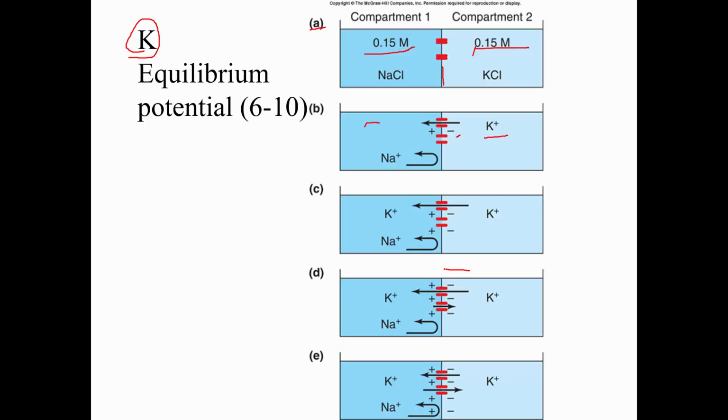We have the concentration gradient going towards compartment 1, and we have an electrical gradient starting to go towards compartment 2. When the concentration gradient for potassium in one direction is equal and opposite to the electrical gradient for potassium in the other direction, we reach the equilibrium potential for potassium.